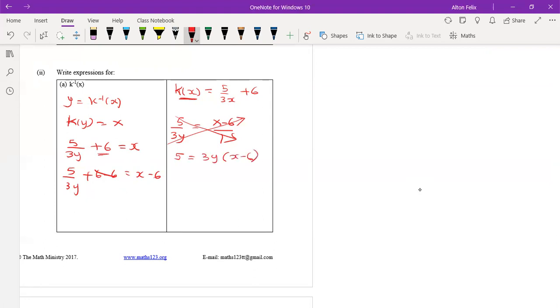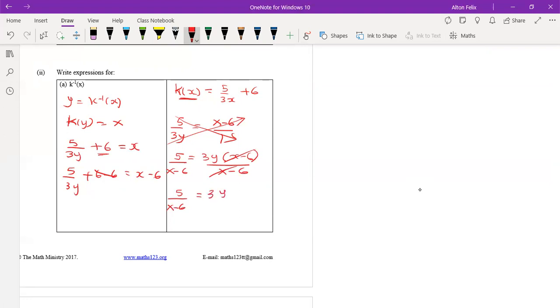Remember, we are solving for y, so let's divide by x minus 6 on both sides. We're left with 5 over x minus 6 is equal to 3y.